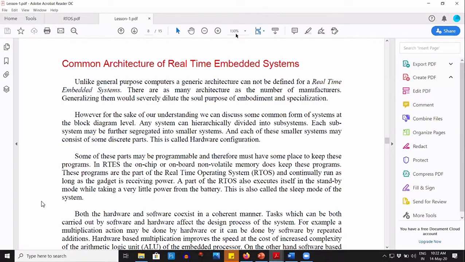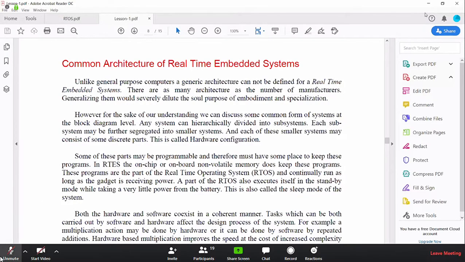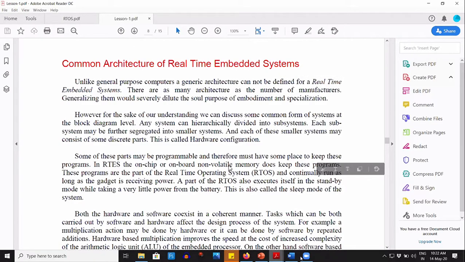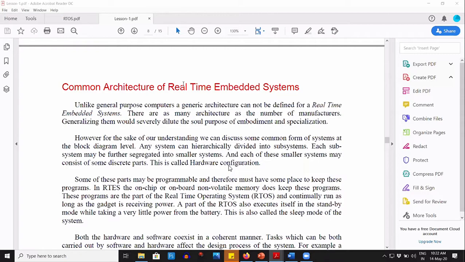Take the question like, explain the architecture of the embedded system with a suitable diagram.